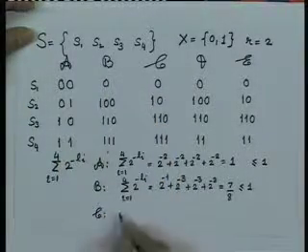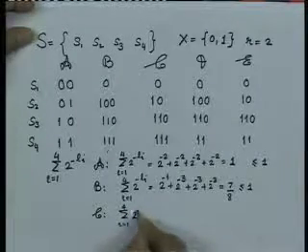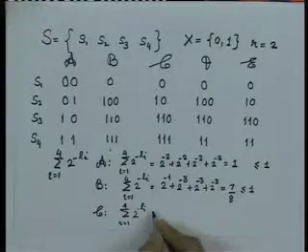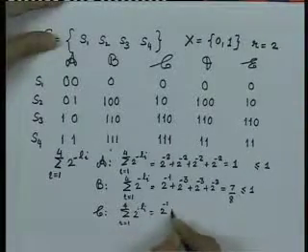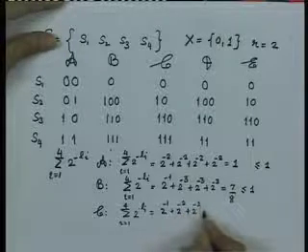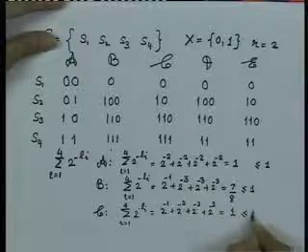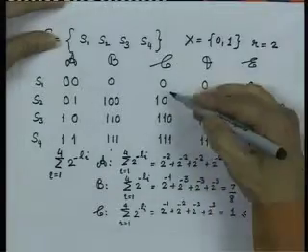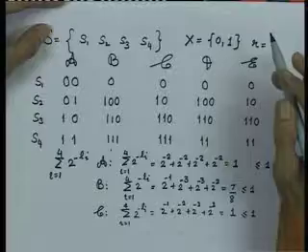Now, the example of C is equal to 2 to the minus 1 plus 2 to the minus 2 plus 2 to the minus 3 plus 2 to the minus 3, and this turns out to be 1. Again, this is less than or equal to 1. So the code word lengths 1, 2, 3, 3 are acceptable.